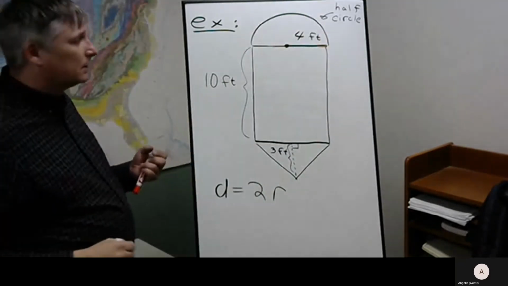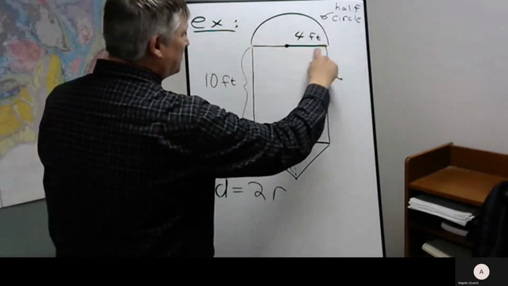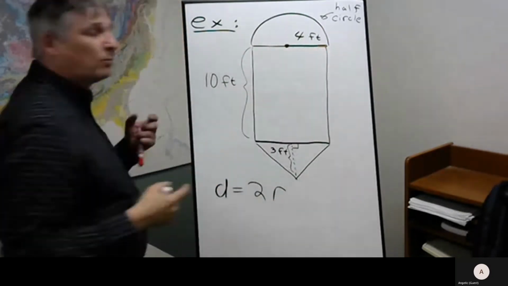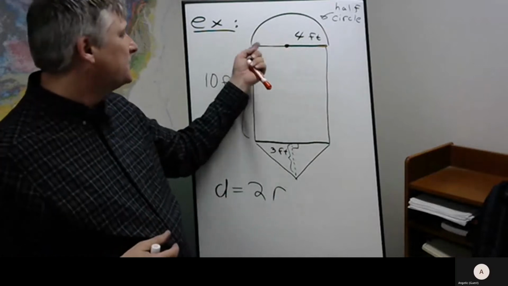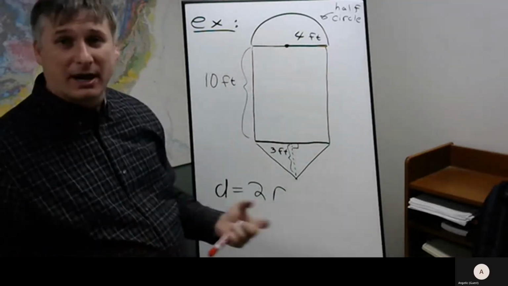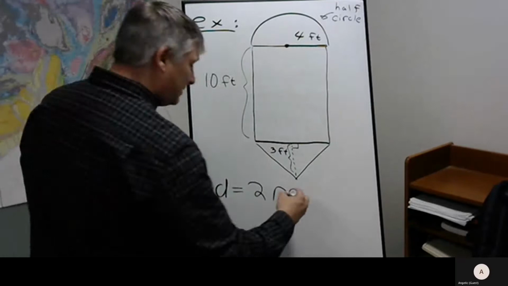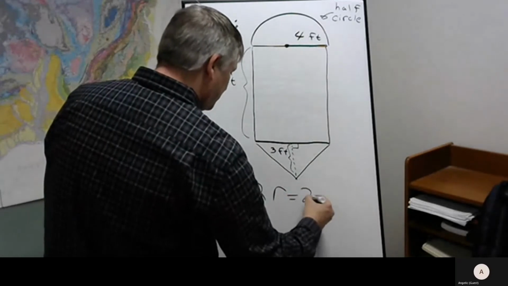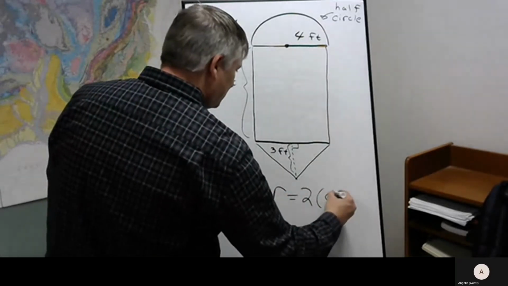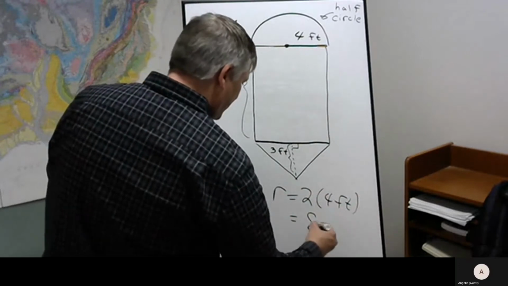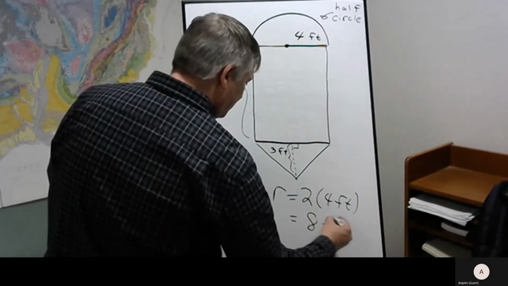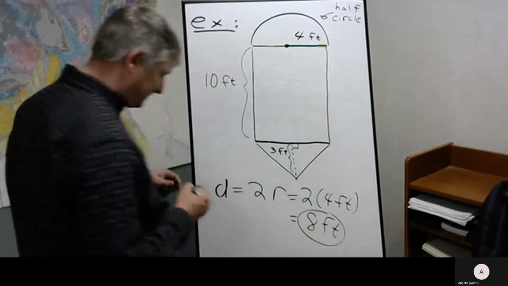The boundary passes from one side of the circle to another through the center. This is the width of the circle, or the diameter. So that means this will be 2 times 4 feet, or 8 feet. I'm going to circle this.